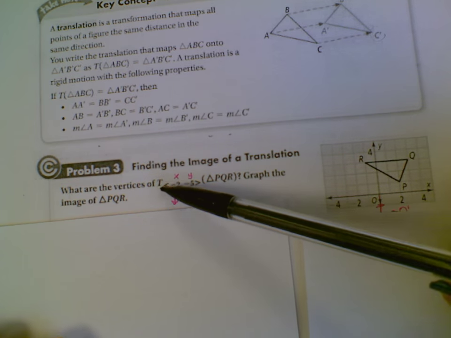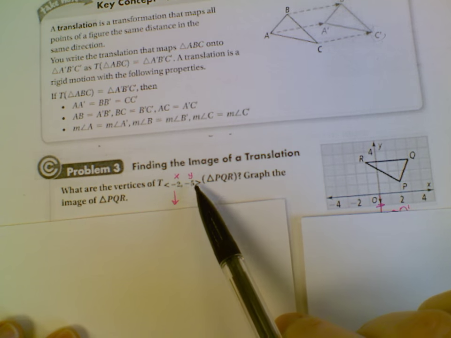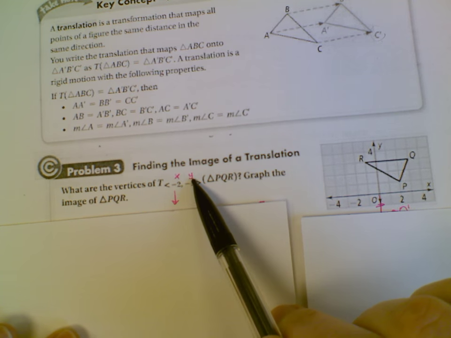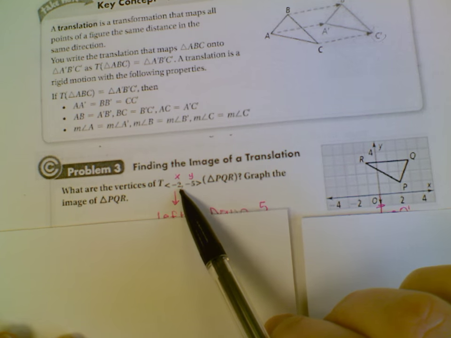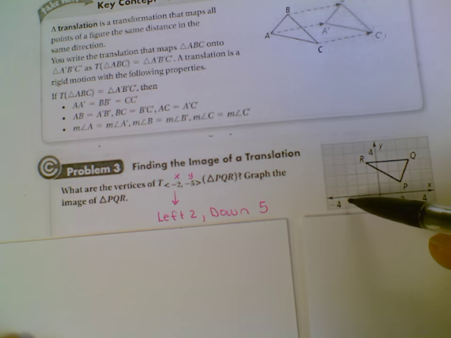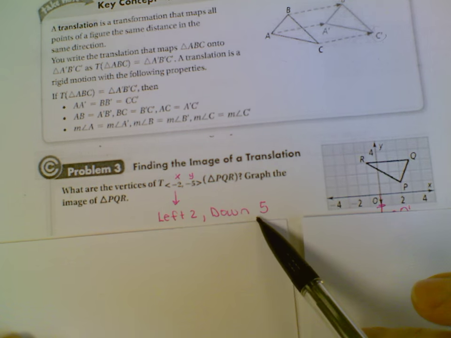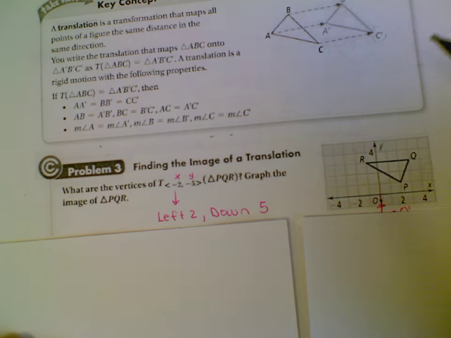So for you to understand this notation, this first number is representing my x coordinates and this second number is representing my y coordinates. So if this is a -2, that's telling me on the x-axis it's wanting me to move everything left 2. If this second number is a -5, that's telling me it wants me to move everything down 5 because on the y-axis is where you would get negative.